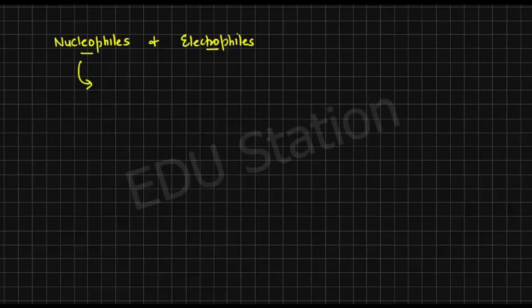Nucleophiles: negative or electron rich. So, in organic generally we do not use the word negative, we call them as nucleophiles. Anything which is electron rich or negative tends to be called as nucleophile.